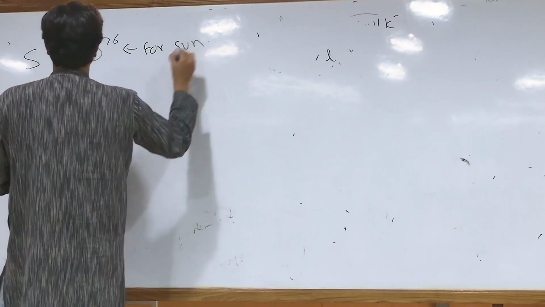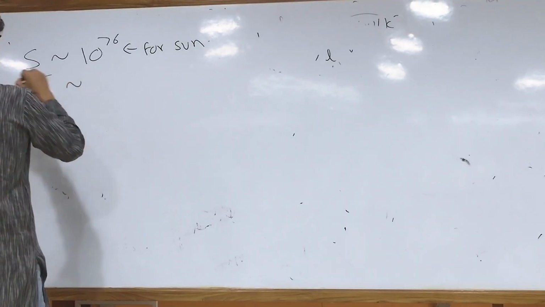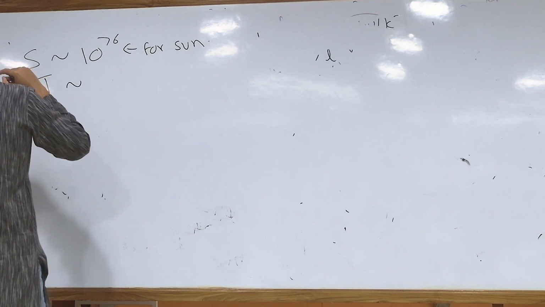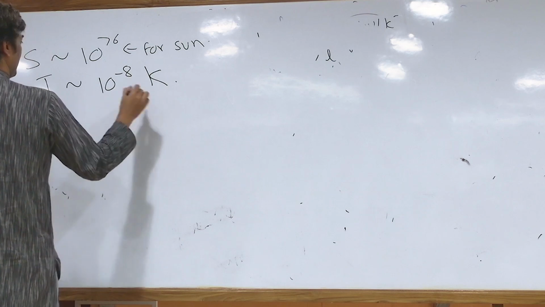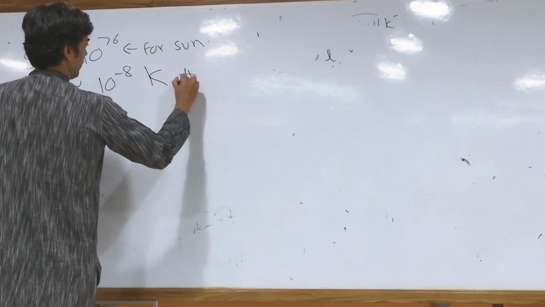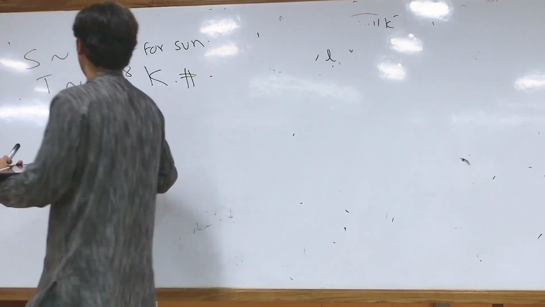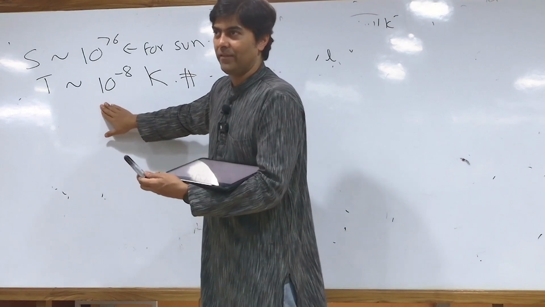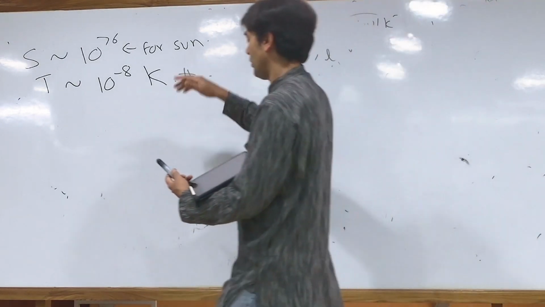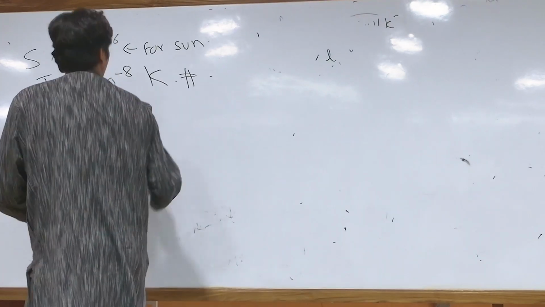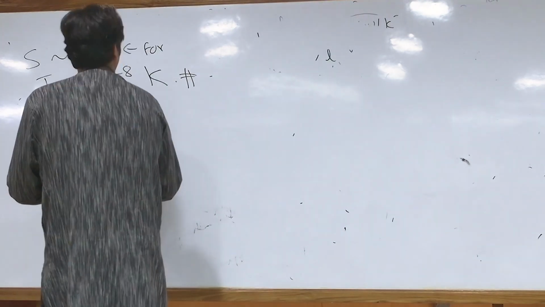And I don't remember what T is, but I think it's about 10 to the minus 8 Kelvin. This number I don't remember off the top of my head, I don't have it in my notes. But it's of the order of 10 to the minus 8 Kelvin. So if you looked at a black hole of the mass of the sun, sorry, this is not the sun, for a solar mass black hole, what I mean is.